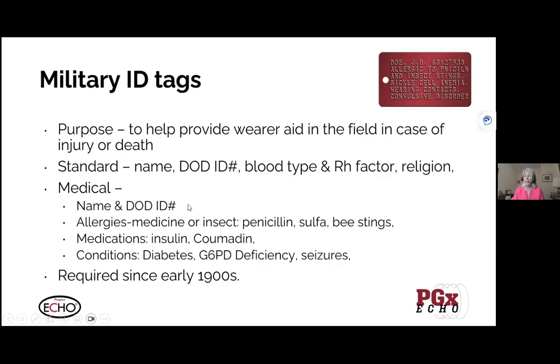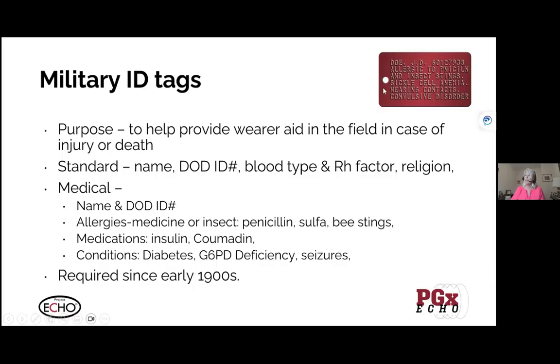Those have the name and DoD ID number, and for patients or service members who have allergies, like a medicine or an insect allergy, that is printed on there. If they are on a medication that's really important for them to keep taking, like insulin or Coumadin, that would be listed on there. And if they have certain permanent medical conditions like diabetes, G6PD deficiency, seizures, if they need to wear glasses or they need hearing aids, those are all printed on those.